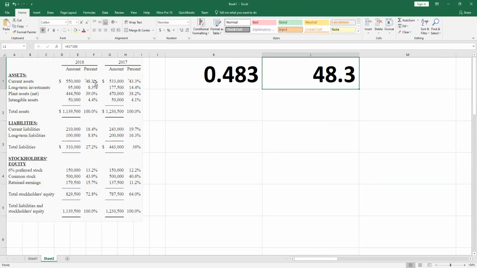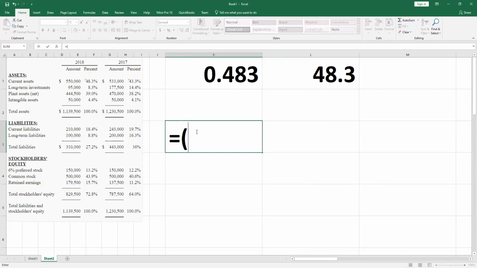Okay, and now I will do with you, I am doing 2018, for the current liabilities. Let me do it here. So equal to, or you can do it directly, 210,000 divided by 1139,500.